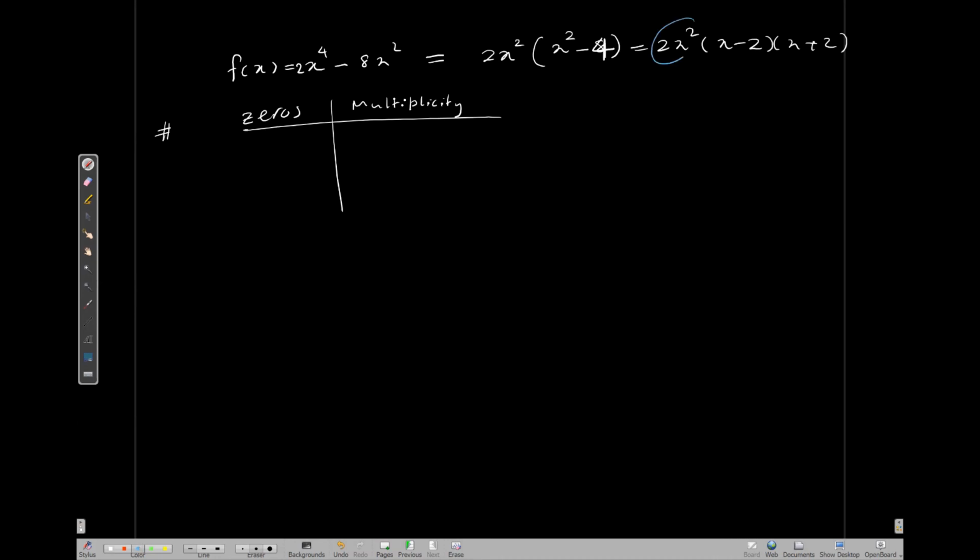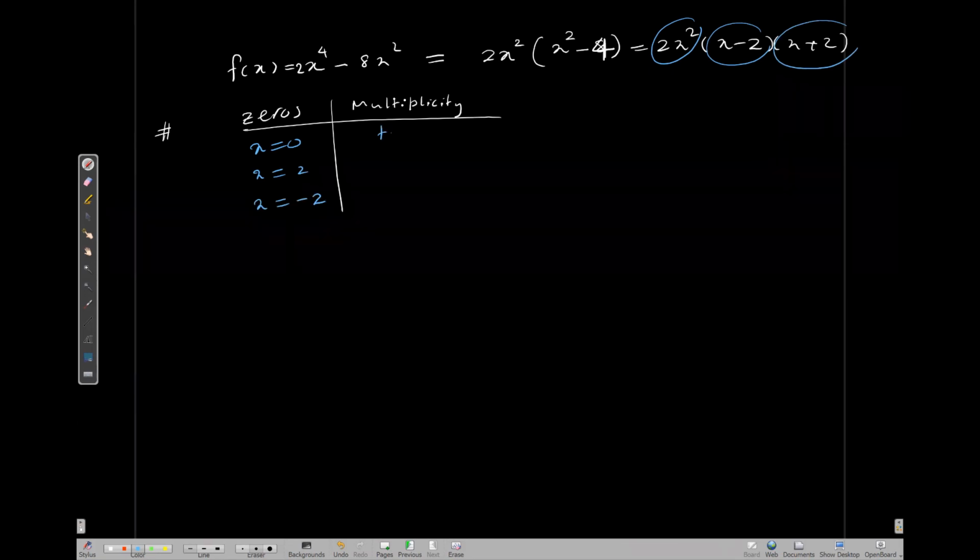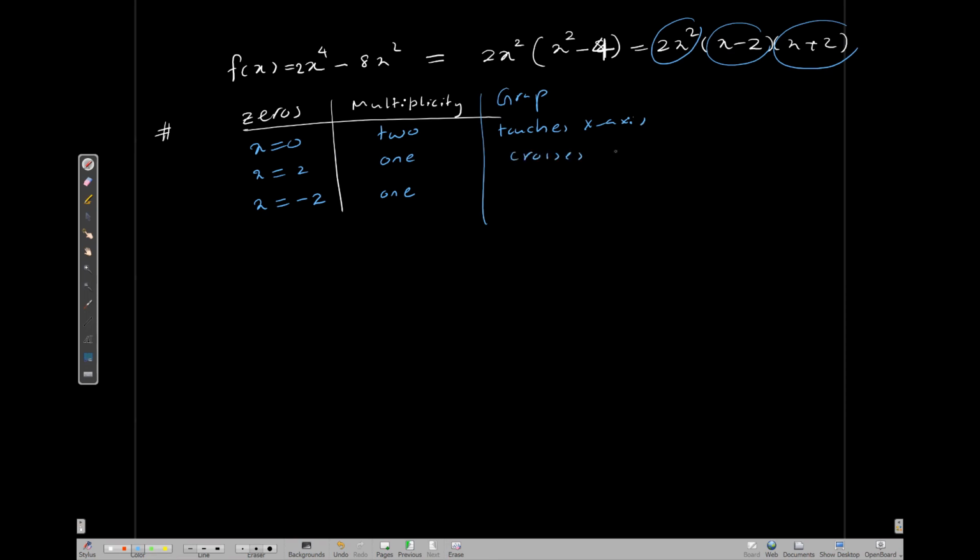So from here I have x equals 0, from here x equals 2, and from here x equals negative 2. Multiplicities are 2, 1 and 1. Because of that, with even multiplicity the graph always touches the x-axis, and with odd it crosses the x-axis.